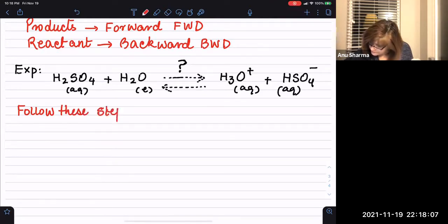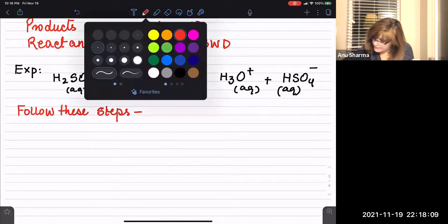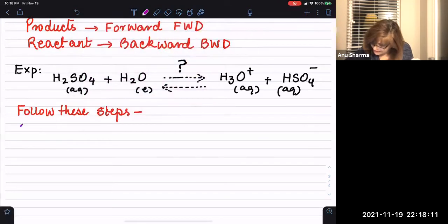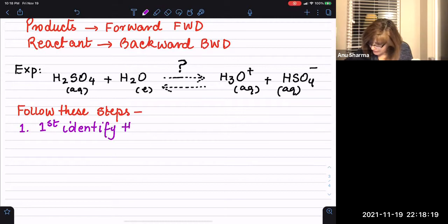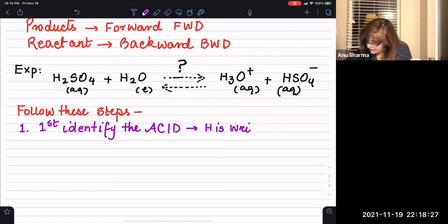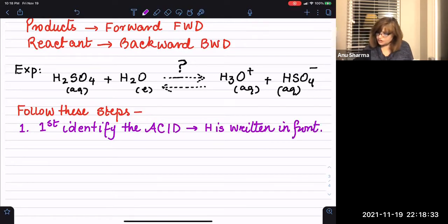One: it's always easy to identify the acid, as we talked about, because the hydrogen is written in front.